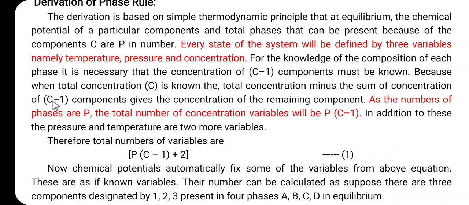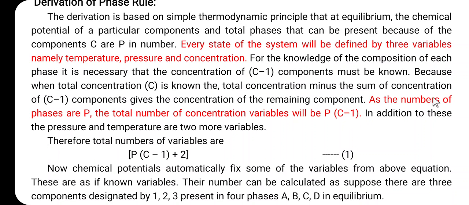Because when the total concentration, that is C, is known, the total concentration minus the sum of the concentrations of C minus 1 components gives the concentration of the remaining component. As the number of phases is P in the system, the total number of concentration variables will be P(C minus 1).